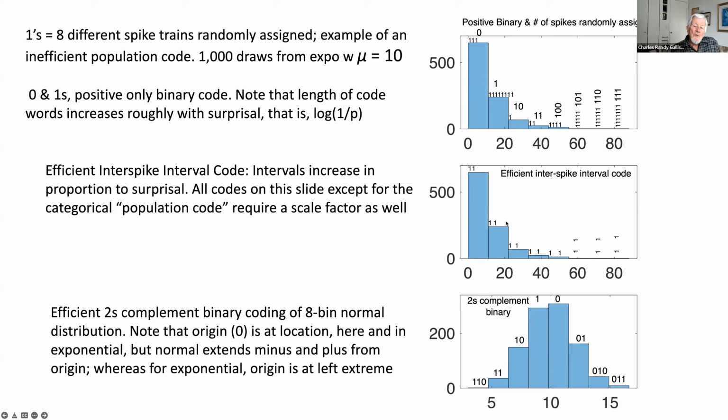Now, for those people who want to see these ideas explored at great length in a serious neuroscience context, I cannot recommend too strongly the book by Rieke, Warland, de Ruyter van Steveninck, and Bialek, four authors, called Spikes: Exploring the Neural Code.